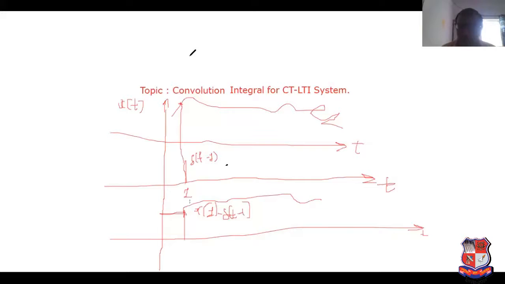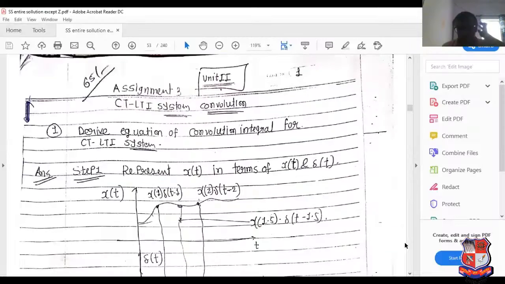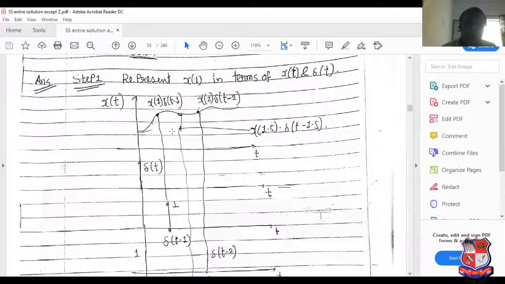Similarly, I have shared a PDF with you. See this, this is the random signal. Here delta of t minus 1, delta of t minus 2. So here x of 1 into delta of t minus 1 is for a particular point.